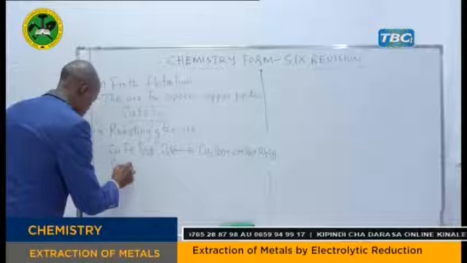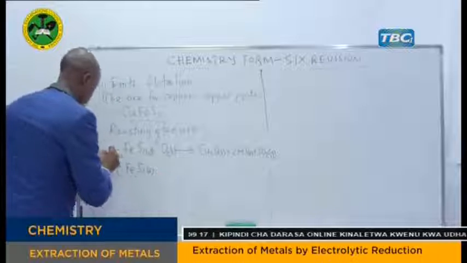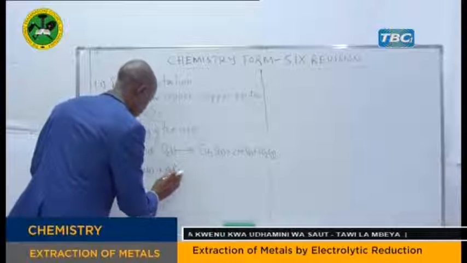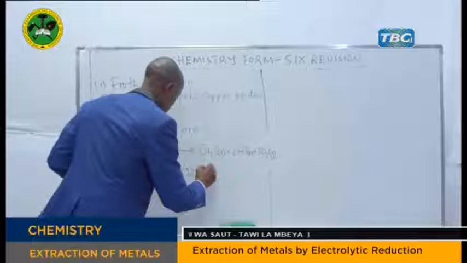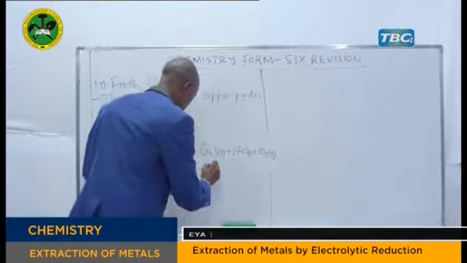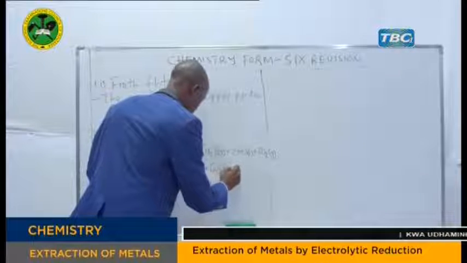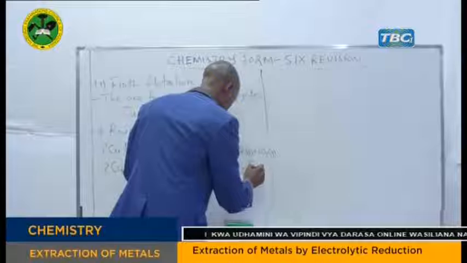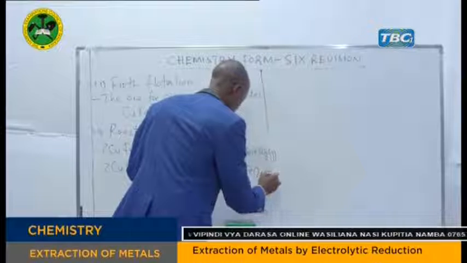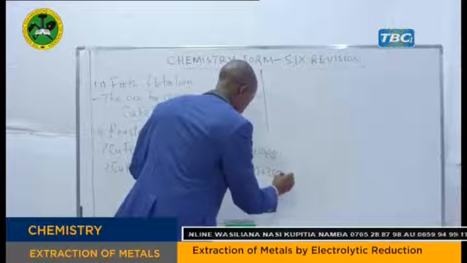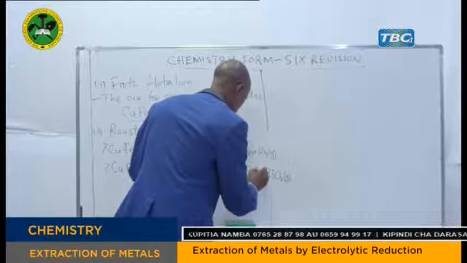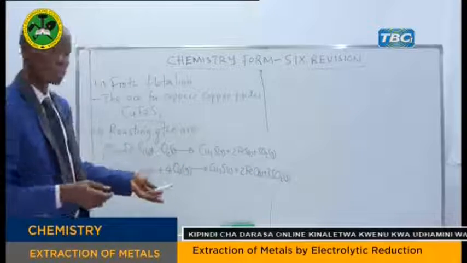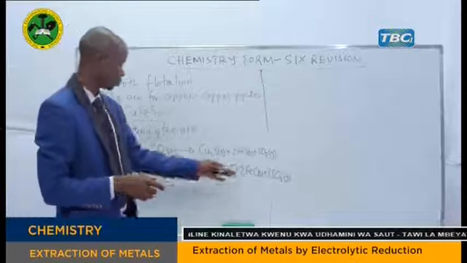And also here we are going to get copper(I) sulfide. These are the products that you're going to obtain. So it is very simple to do this process.